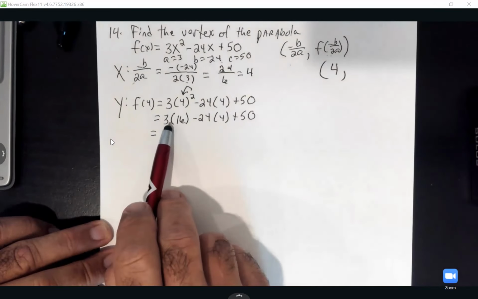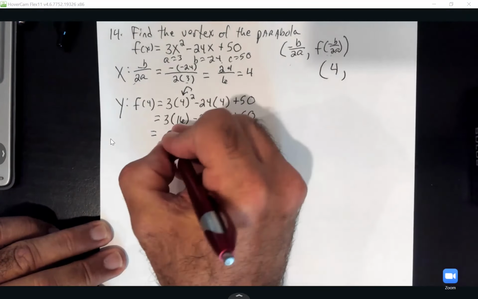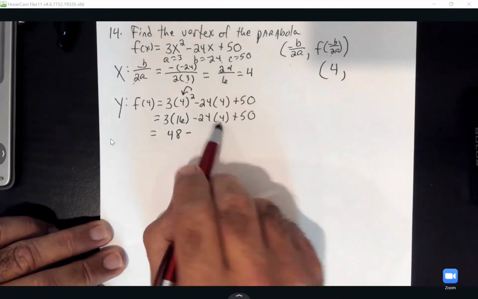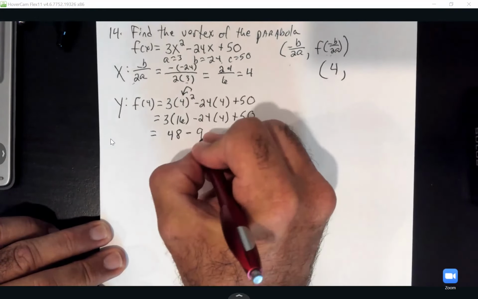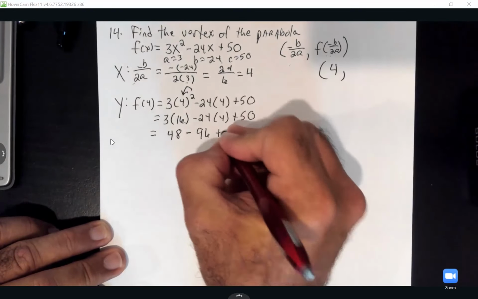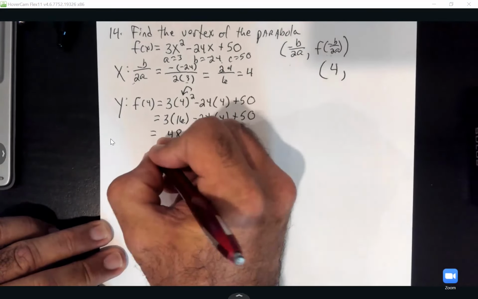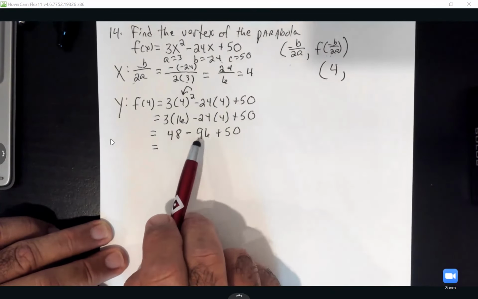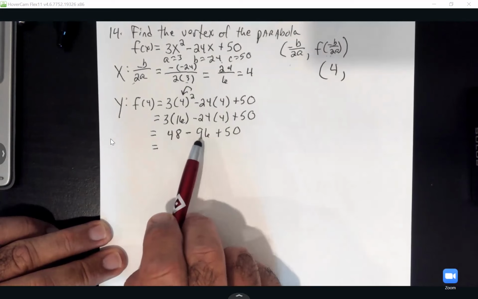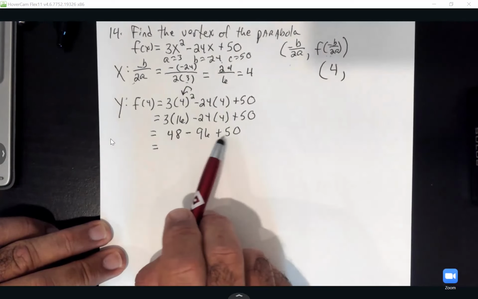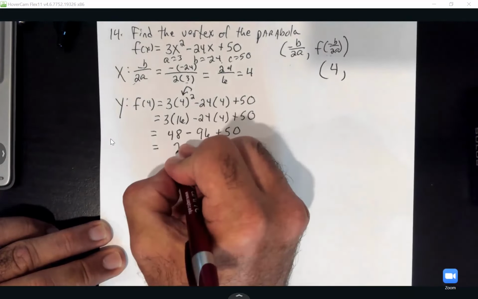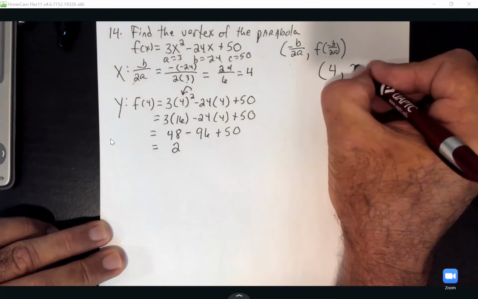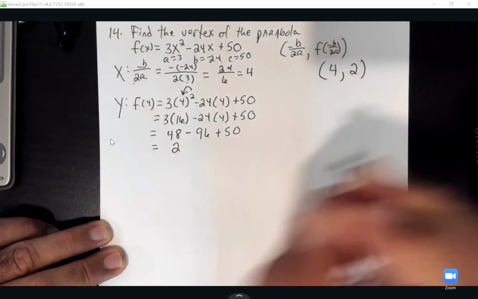All right, so let's see what we got. 3 times 16 is 48. Minus 24 times 4 is 96. And then we'll add 50. All right, y'all, so 48 minus 96 is a negative 48. Negative 48 plus 50 gives me 2. So my vertex is going to be 4, 2, and be done.